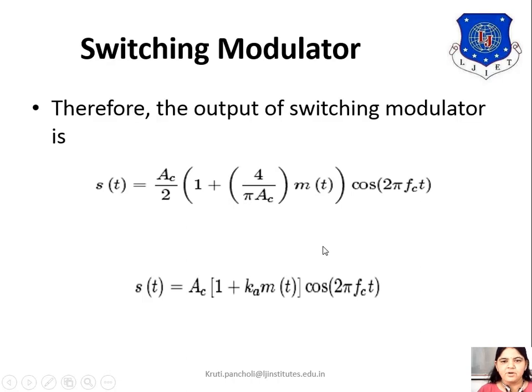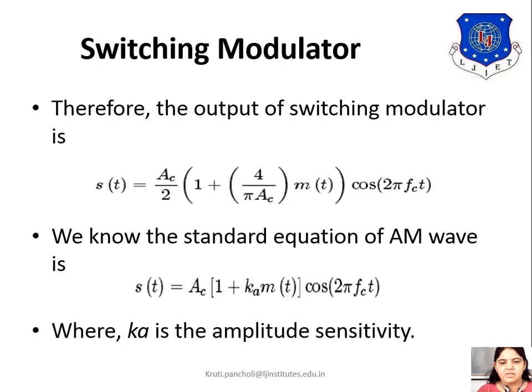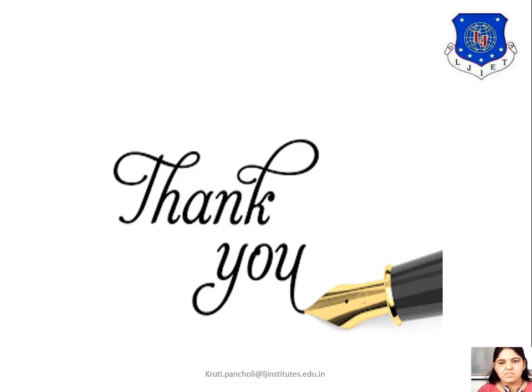Therefore, the output of the switching modulator is s(t) = (Ac/2)[1 + (4/π Ac) m(t)] cos 2π fc t. Therefore s(t) = Ac[1 + Ka m(t)] cos 2π fc t. Comparing with the standard equation, we can find the amplitude sensitivity. This way we have studied the switching modulator and the square law modulator for AM generation.